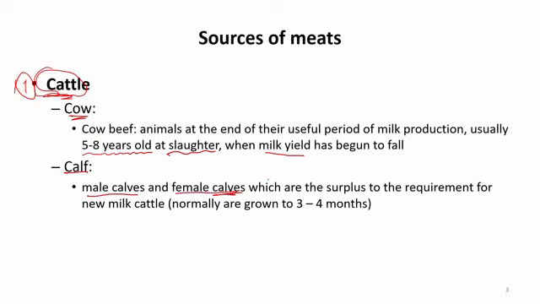So, for example, in a dairy cow farm, the mother cow needs to give calves before giving milk. And then calves now are not the main product, but the byproducts.